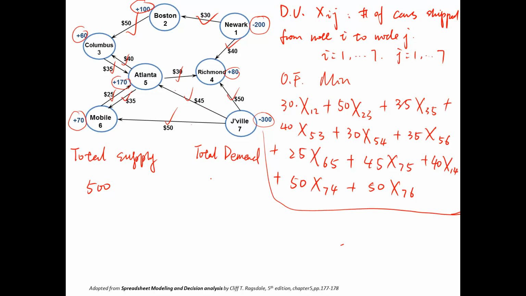Okay, so our total demand is 380. That means we are able to fulfill all the demands. Now let's set the constraints.